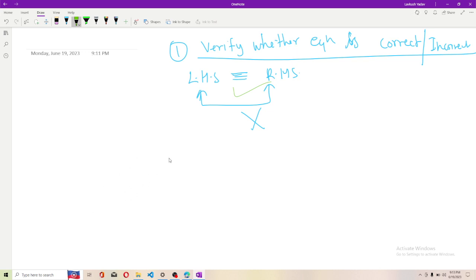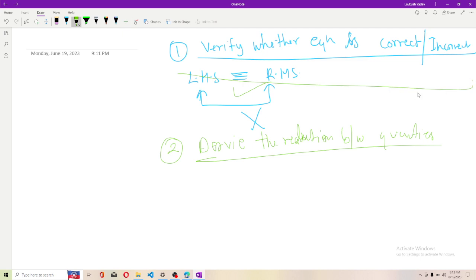We can also derive the relation between quantities through dimensional analysis. We will do all these things.